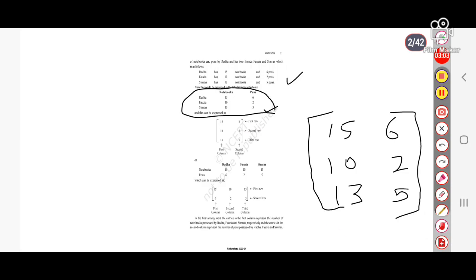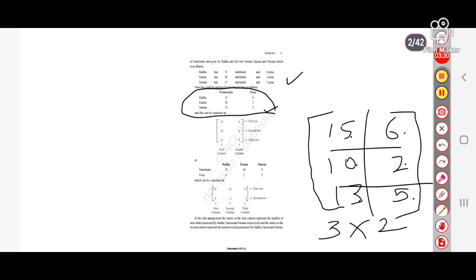So it is a 3 cross 2 matrix, right? 3 rows, 2 columns. In that, 15, 10, 13 are the notebooks, and 6, 2, 5 are the pens of each representative, that is Radha, Fazia and Simran.